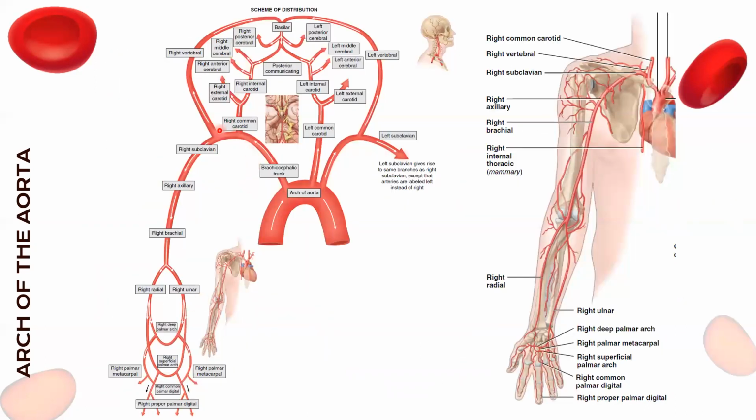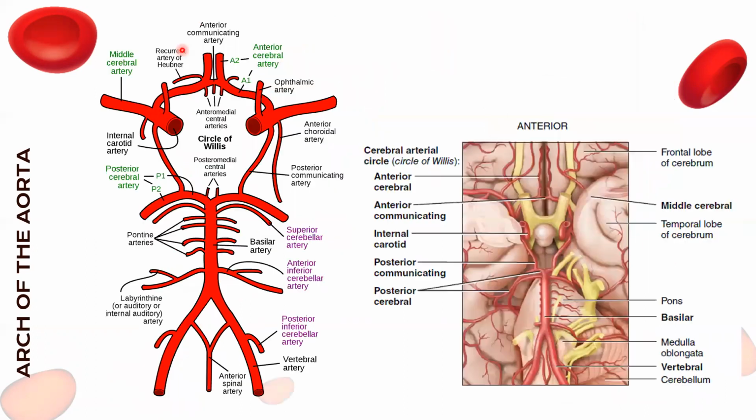Okay, vertebral will go towards the neck and the head that supply the brain itself. Vertebral will meet, form the basilar artery, and you can see here the different branches that make up the circle of Willis.